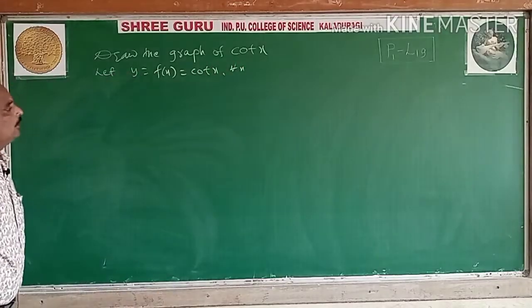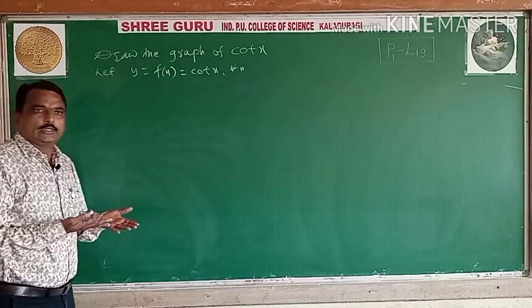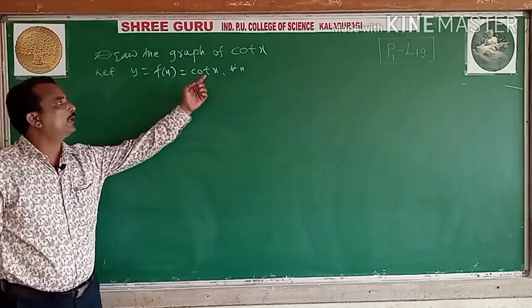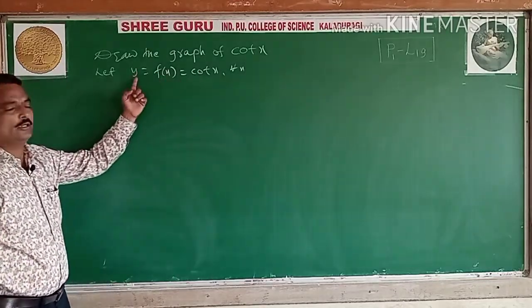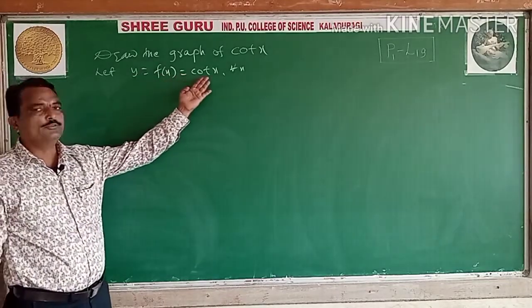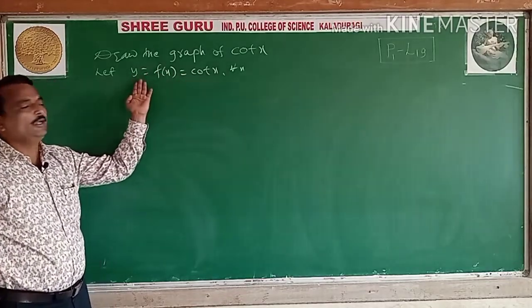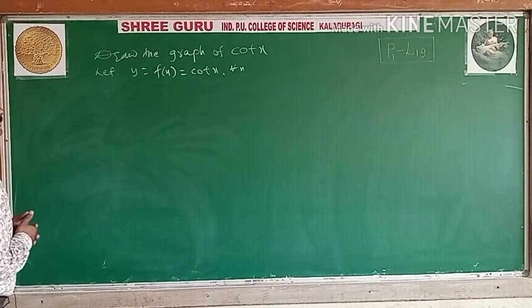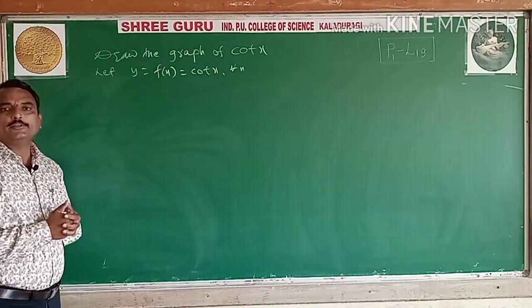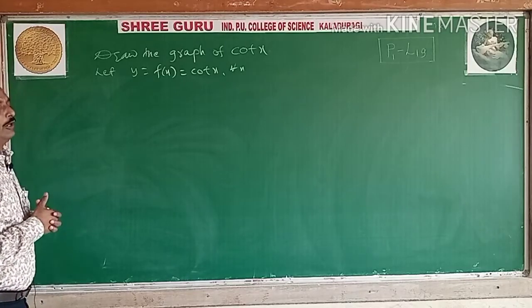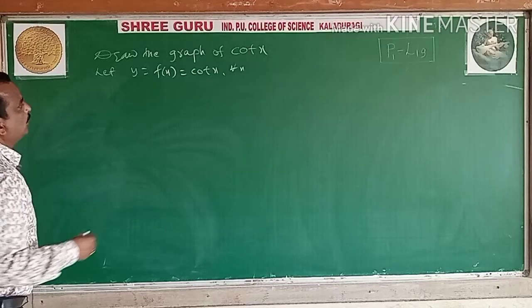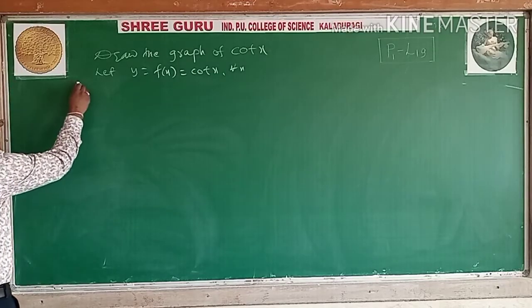Let us make the table of the function y equal cot x. We will take the x values and calculate the y values. First we will calculate the domain and range, and we will finalize the domain and range of the cot x function after drawing the graph. Here also we will make the table, students.